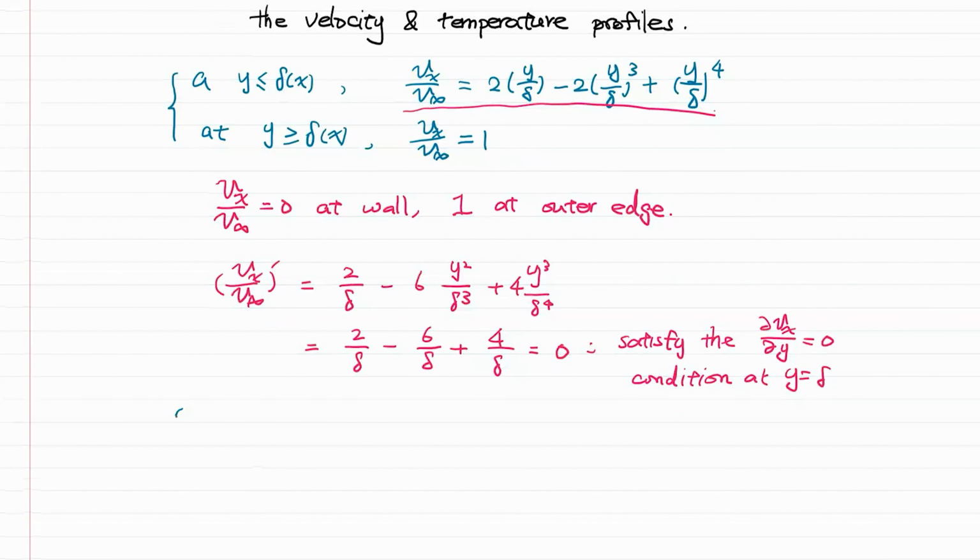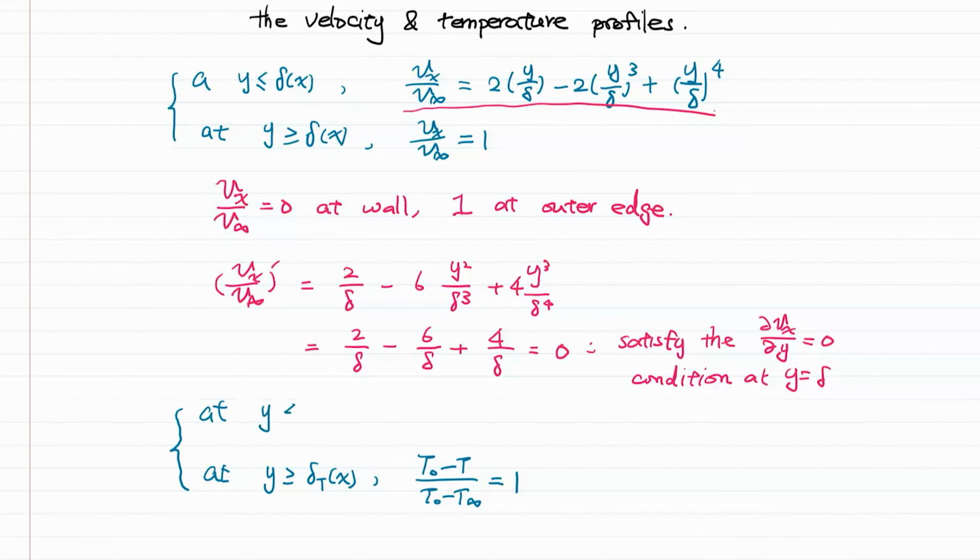Again, we'll divide this into two cases. At y equal to or greater than the thermal boundary layer, we have T naught minus T over T naught minus T infinite equals 1, so the dimensionless temperature equals 1.